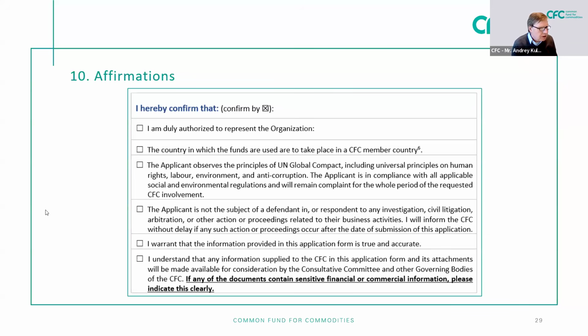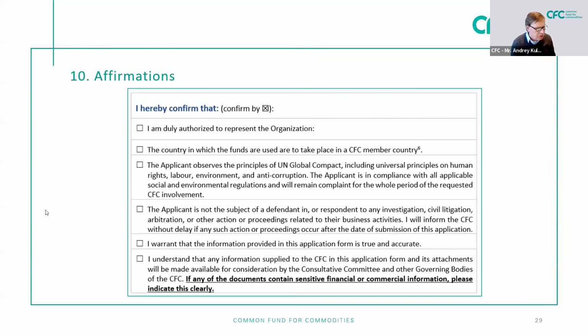A startup needs to have at least 3 years of financial history for us to be able to consider the application. We can look at all sorts of consortiums and any legal form of an enterprise.